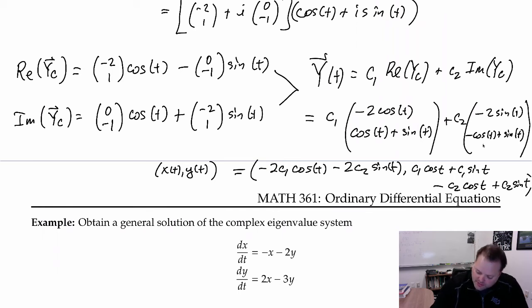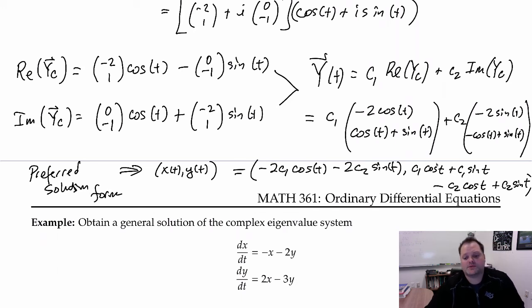So this is my preferred way to give the solution to these complex problems, is to write down the components. This is the vector form of the solution. This is the component form of the solution. So I think for most students, writing down what the x coordinate is doing, writing down what the y coordinate is doing, is the thing that you should probably do.